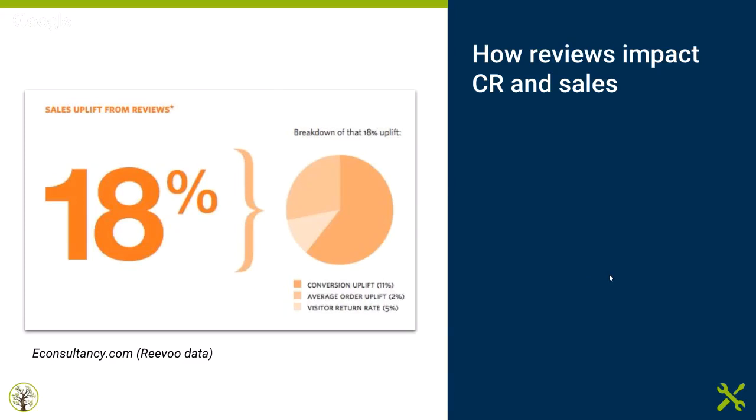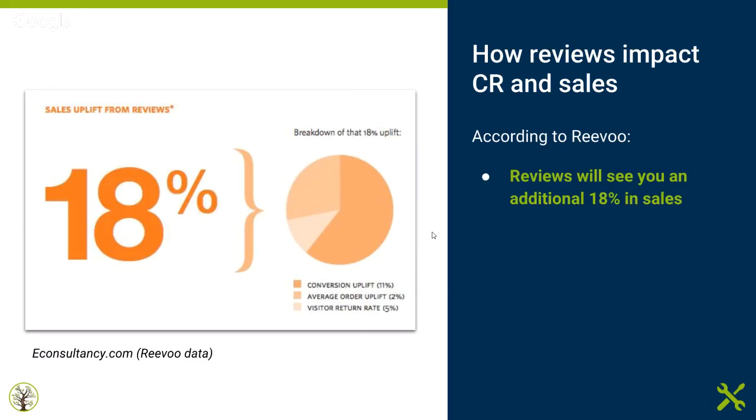So how do reviews actually impact our conversion rate and our sales? This was a study by Review, and what they found is reviews will actually see you an additional 18% in sales. So you can see it's a significant difference, but it's not like you have to have reviews.